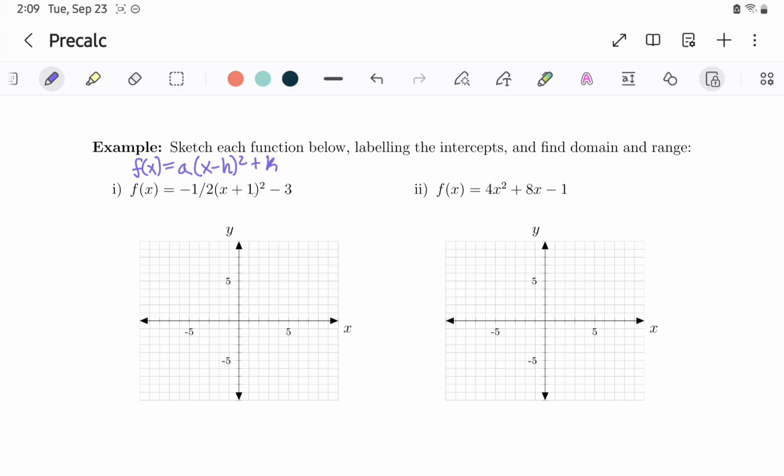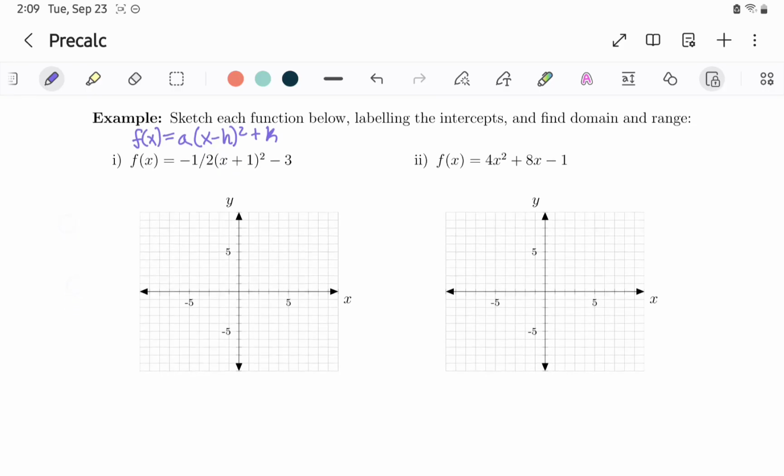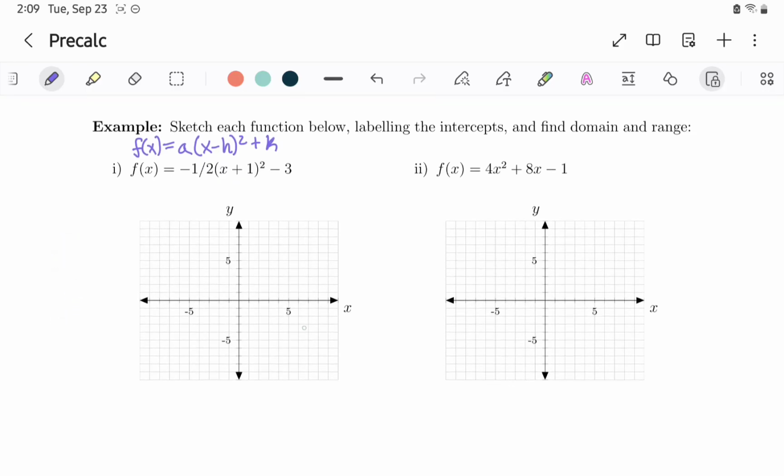So since we have x plus 1 squared, that means h is going to be negative 1. And then since we have minus 3 over here, that means k is going to be negative 3. So our vertex is going to be at the point negative 1, negative 3. Which is going to be over here.